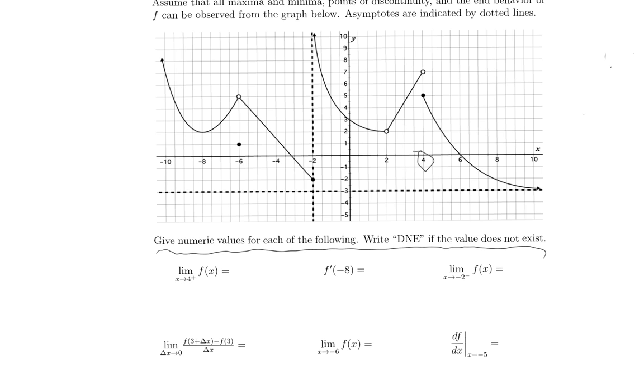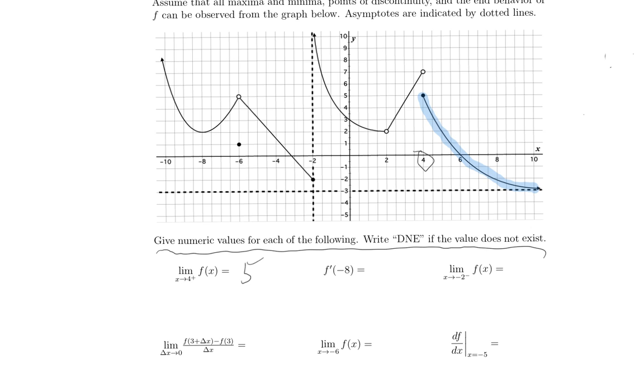When we do that, we follow this tail all the way till we get to 4, and we're going to reach that point, in which case we get 5. So the limit as x approaches 4 plus of f of x equals 5.